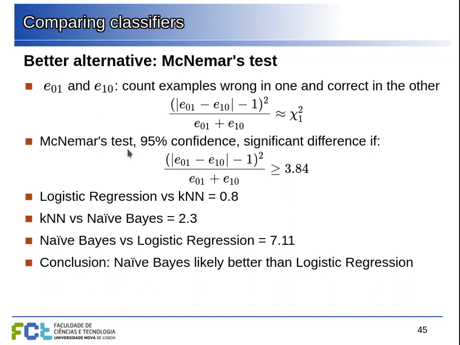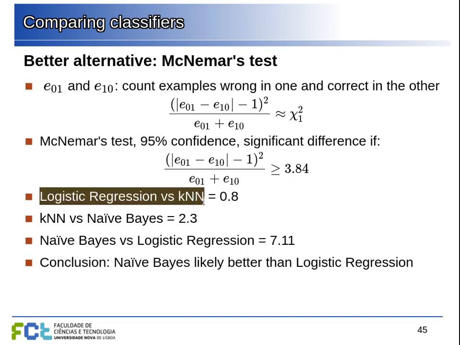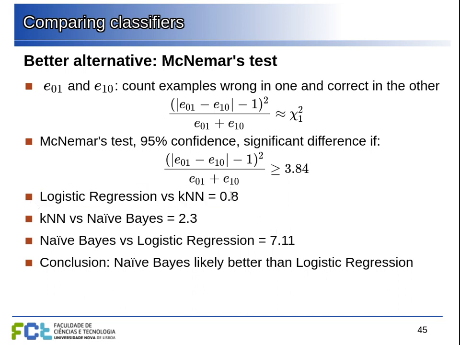So basically, for 95% confidence, this value should be below 3.84 if it's just by chance. If it's above 3.84, then we can consider that the classifiers are actually different. They are not equivalent. If we look at logistic regression versus k-nearest neighbors, we do not have a significant difference. K-nearest neighbors versus naive Bayes, in this particular example, was not significant.